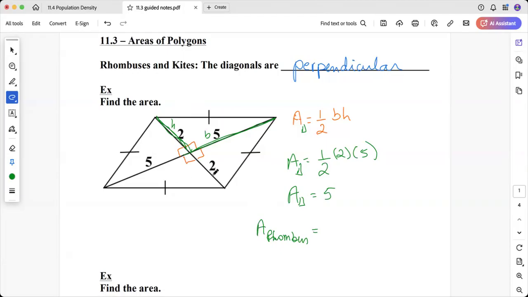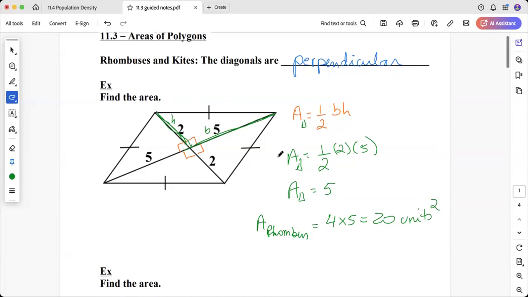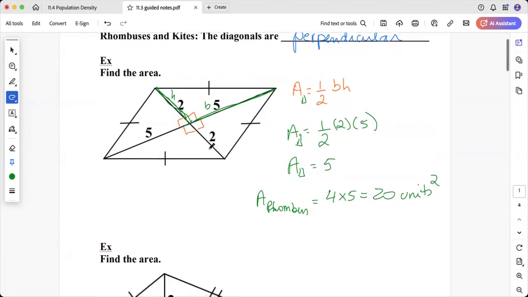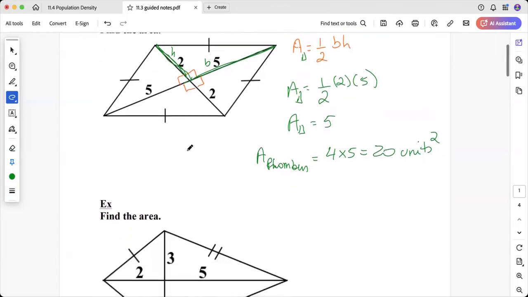I have 1, 2, 3, 4. 4 times 5 gives me 20 square units. So again, split the shape up and try to find a triangle or something that is in there. For the rhombus, you have right triangles, so it's really simple.